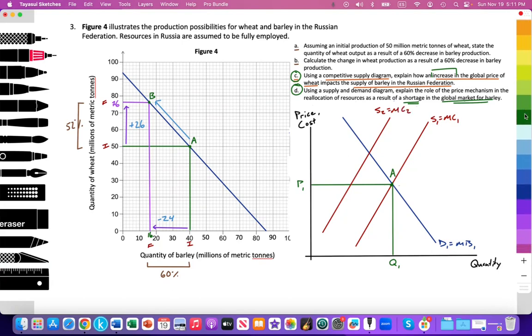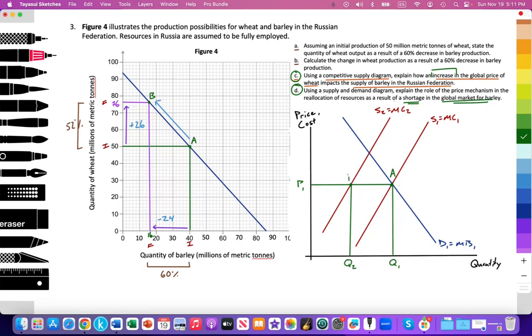In the short run, we're going to hold price constant at P1. So at a price of P1, firms will produce barley along their supply curve up to P1. That takes us from Q1 to Q2.